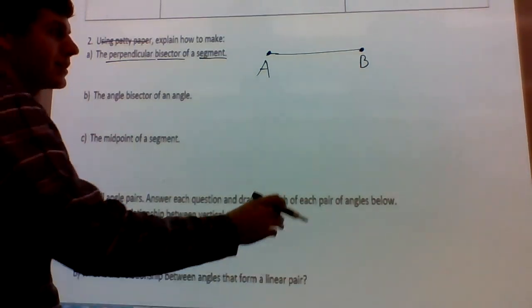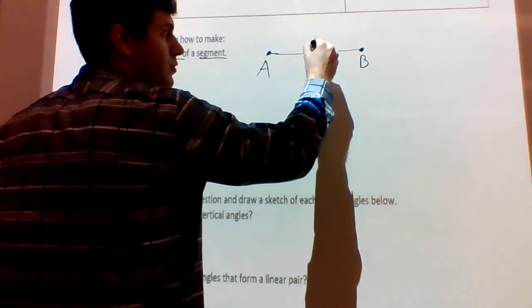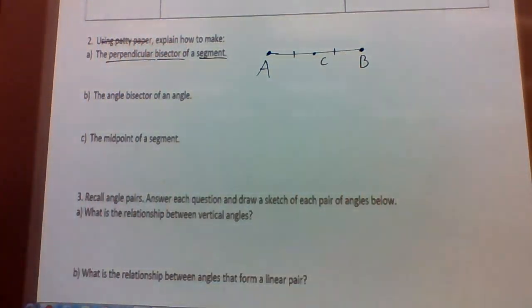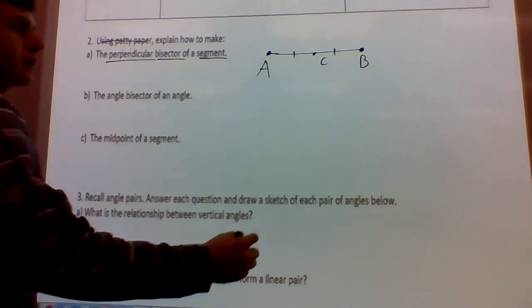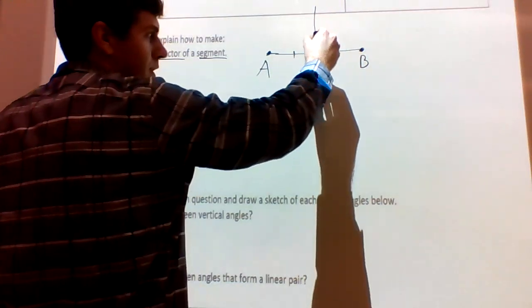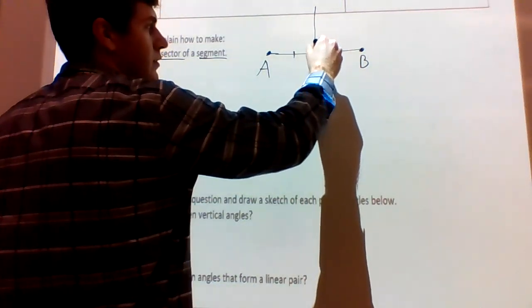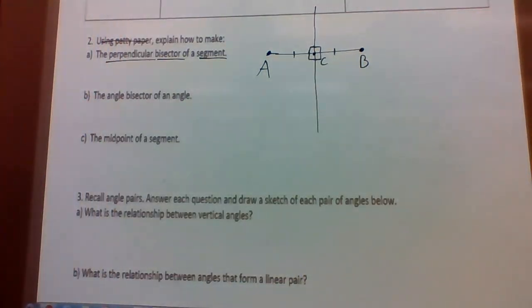We want to bisect this segment. So to bisect the segment, we have to split it in the middle. So let's pick the middle and call it point C. And we want a perpendicular bisector, so we need to put a line that is perpendicular, meaning that it forms right angles.